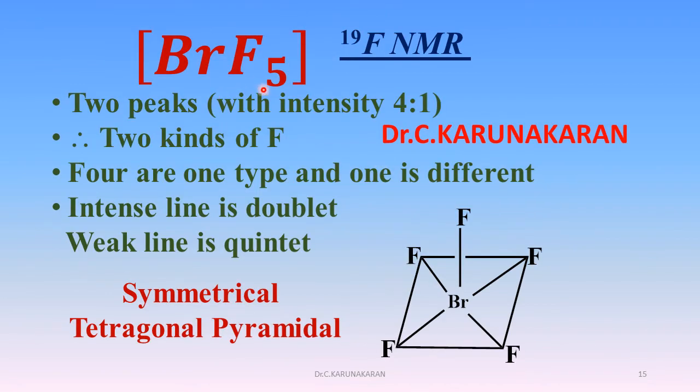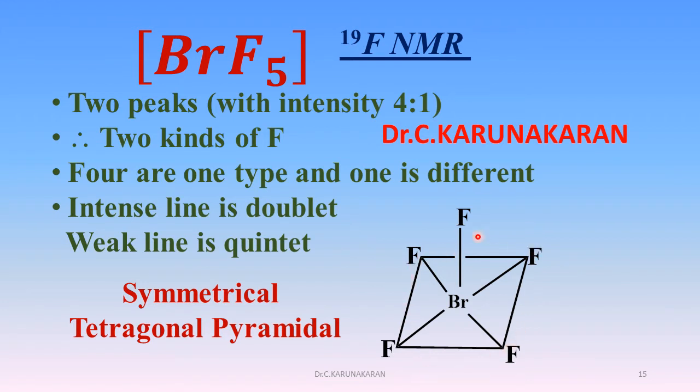Similarly, the structure of BrF5 is studied by using fluorine-19 NMR. In this case, 2 peaks are observed with intensity ratio 4:1. It shows that there are 2 kinds of fluorine. 4 are one type and 1 is a different type. The intense line is a doublet because it is a tetragonal pyramid.